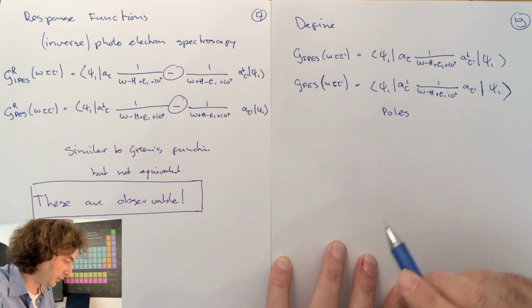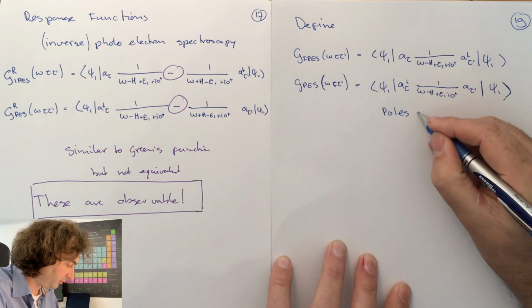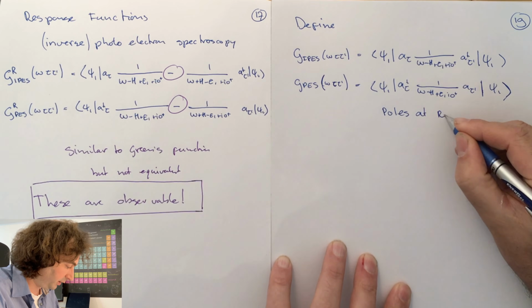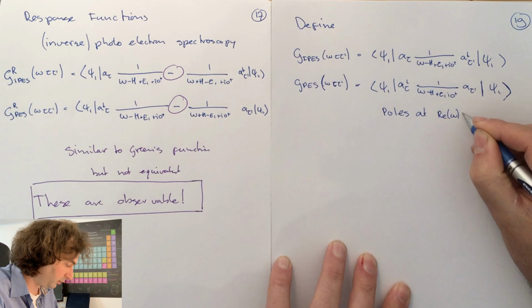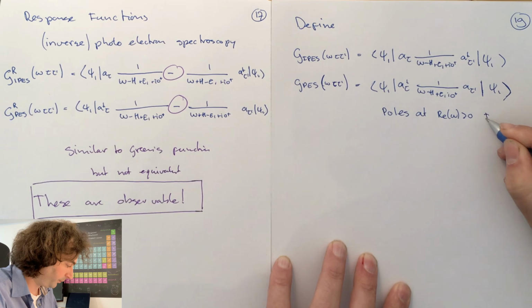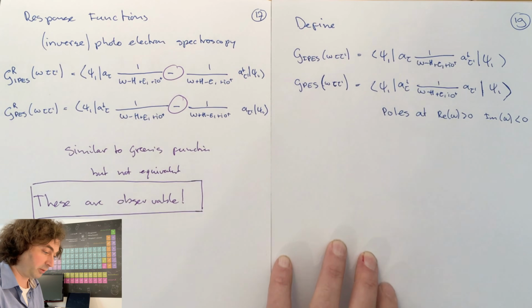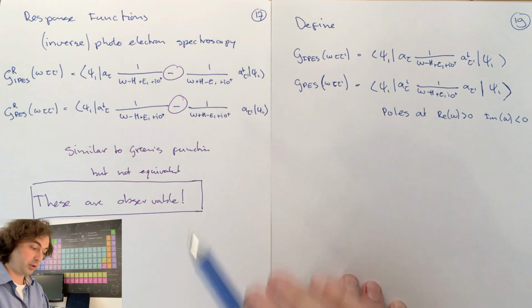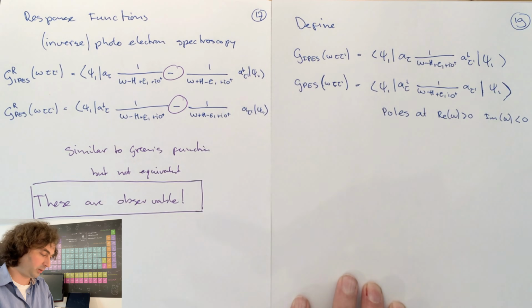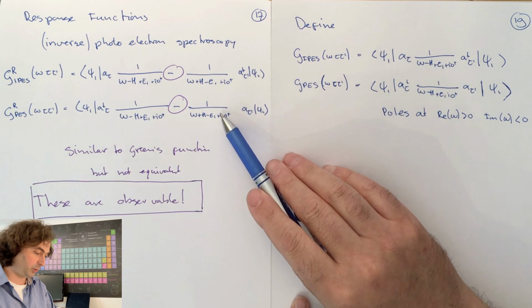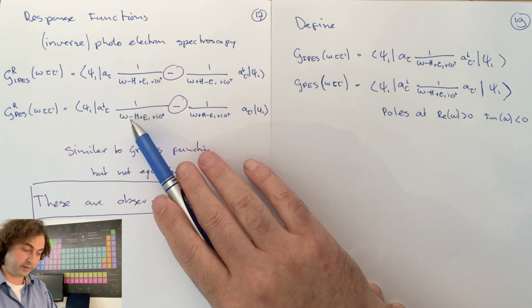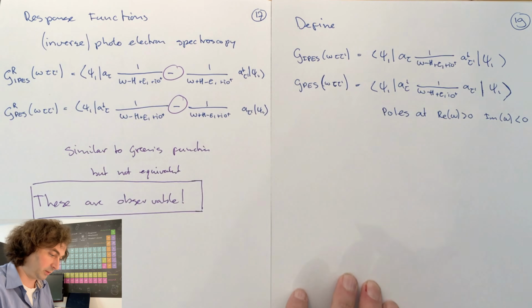So the poles of the two functions that we have defined are only when the real part of omega is larger than 0 and the imaginary part of omega is smaller than 0. Whereas for our response function, we have poles when the imaginary part of omega is smaller than 0, but the real part can either be larger or smaller than 0.